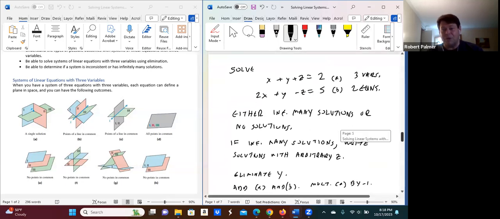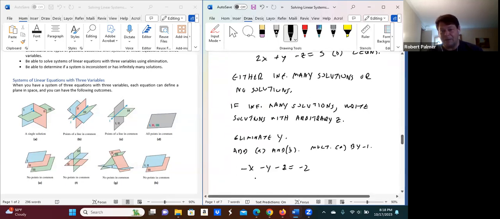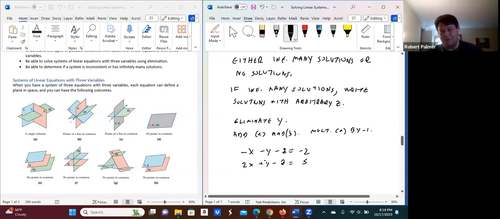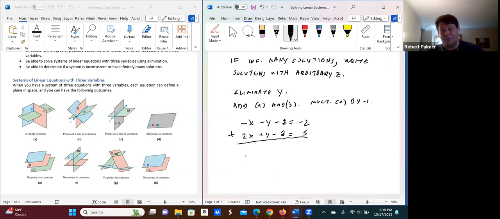Then my second equation is still the same: 2x plus y minus z is equal to 5. Now, let's add these. We eliminate y, and what we're left with is just x minus 2z is equal to 3.